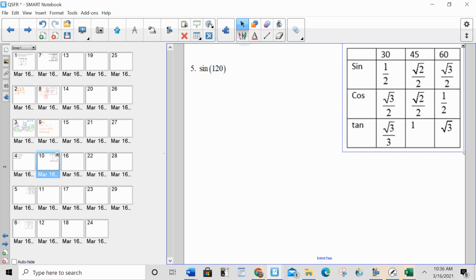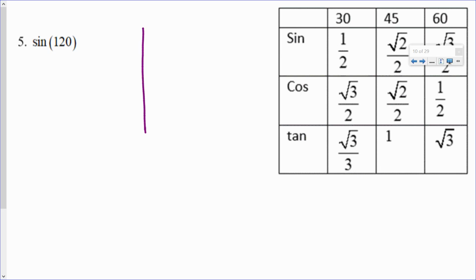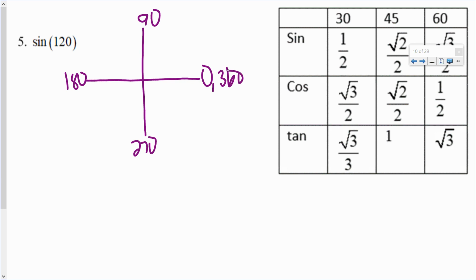Sine of 120. So I'm going to draw a little sketch. 120 is going to fall in quadrant 2. All students take calculus. My reference angle is 180 minus 120, which is 60.